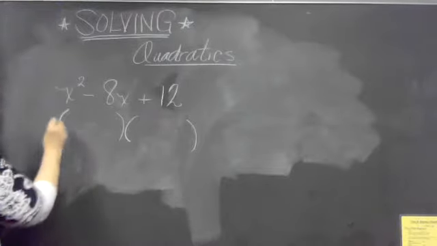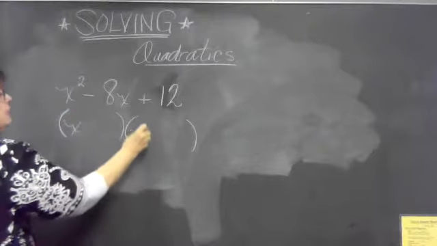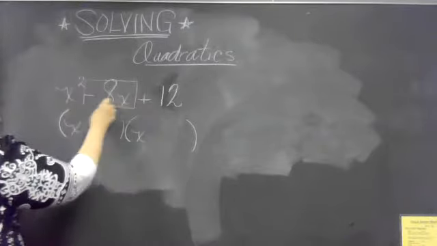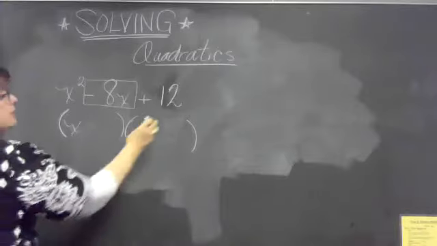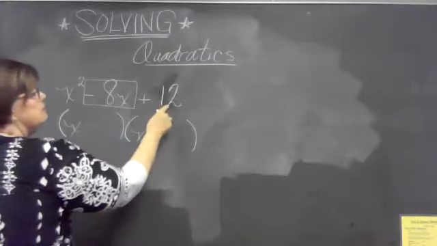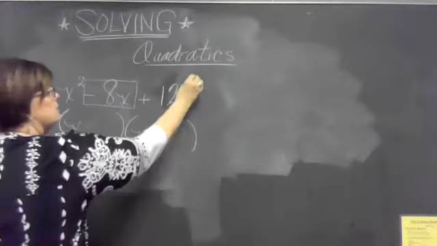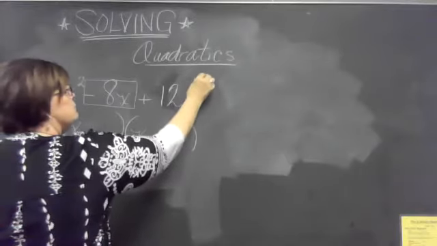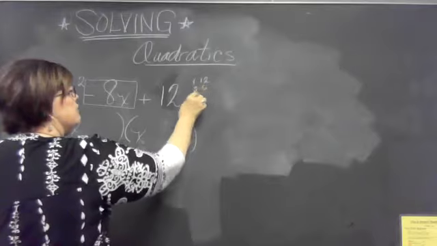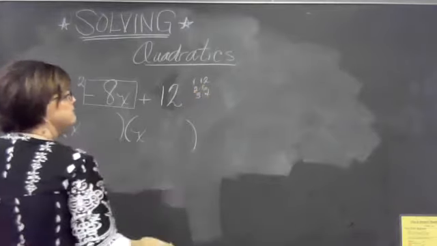So the front times the front gives us the front. We save the middle term till later. The back number times the back number has to give us 12. So 12 is 1 times 12, 2 times 6, and 3 times 4.